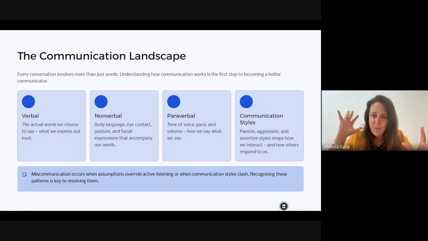If we shout to somebody like that, or if we use a better, lowered tone. And of course, we also have some communication styles, which we will talk about in a second. Are we talking in an assertive way, in a passive way, in an aggressive way to somebody, and so on?